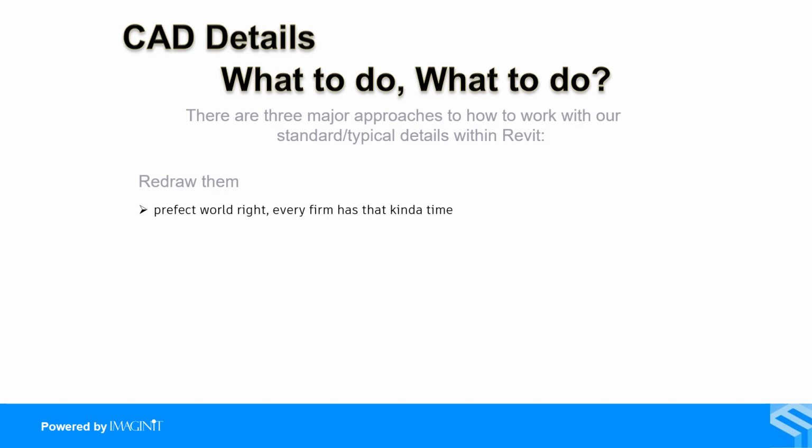But the reality is that we don't always have time to do this, especially when it already exists inside AutoCAD, right? We've already got the detail. So let's leverage that. Let's import or link it. It's an XREF. We're basically treating this as an XREF, just like how you've done it in your AutoCAD workflow.